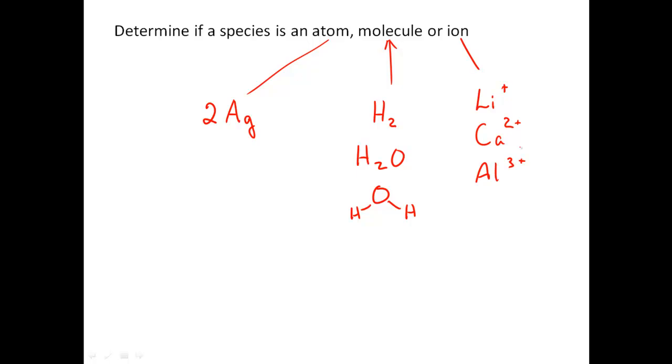So those ions have lost electrons to become positively charged. Of course, nonmetals like chlorine tend to gain electrons and become negatively charged because they have gained additional negative charges. So that's how we determine if a species is an atom, a molecule, or an ion.